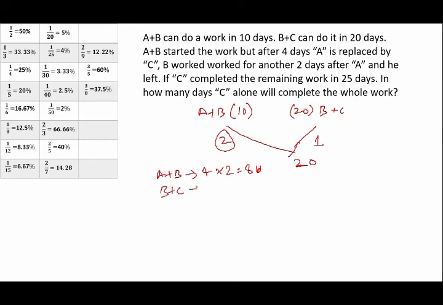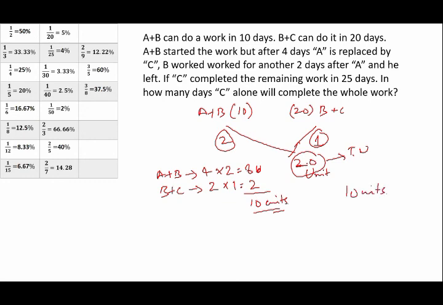B and C worked for 2 days and they completed 1 unit of work per day, which means 2 units. Total 10 units of work is done. Totally we have 20 units, which is our total work. So 10 units is done, 10 units is left.